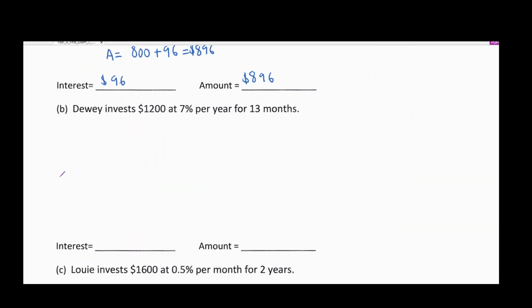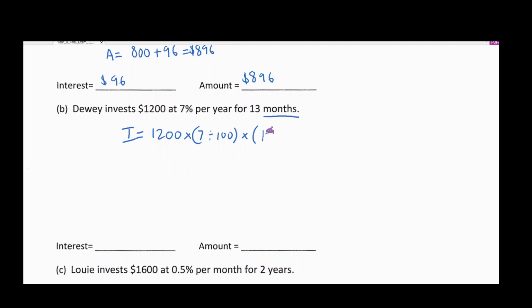Okay, Dewey invests 1,200 at 7% per year for 13 months. So here it gets a bit more tricky. So our interest is equal to our principal, which is 1,200 times by our rate, 7 divided by 100, not forgetting our brackets, times by our time. Now, 13 months. We need to change this months to years.